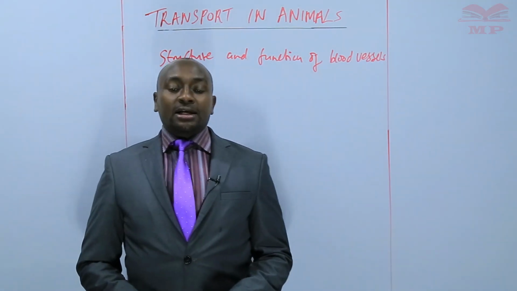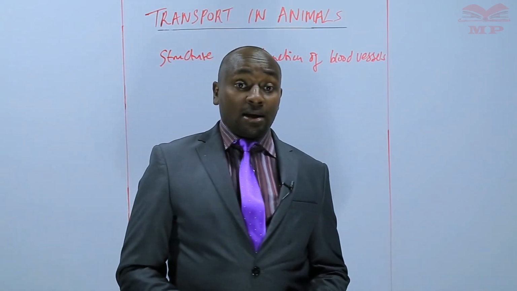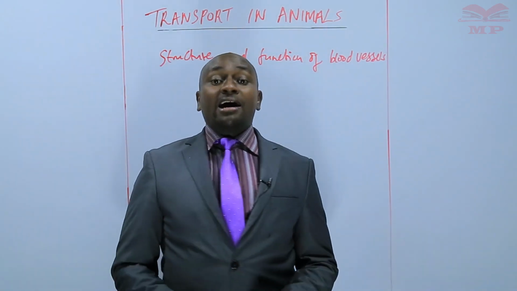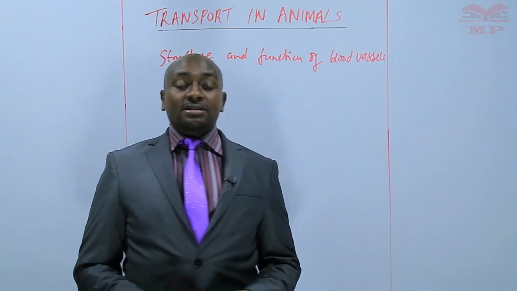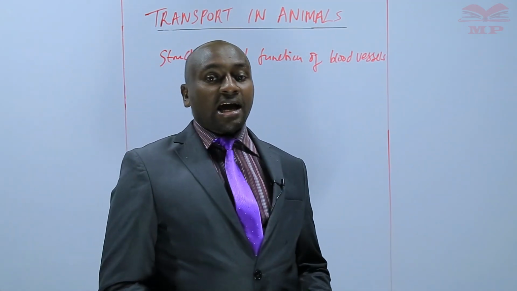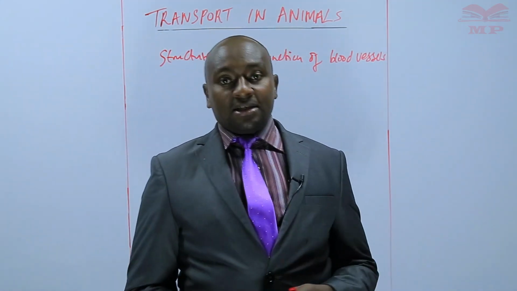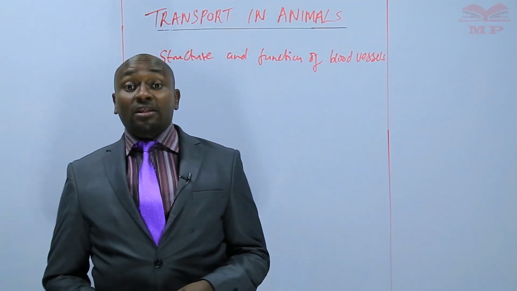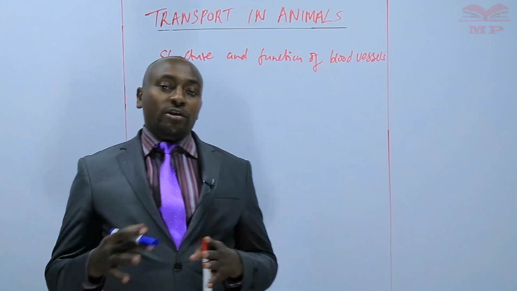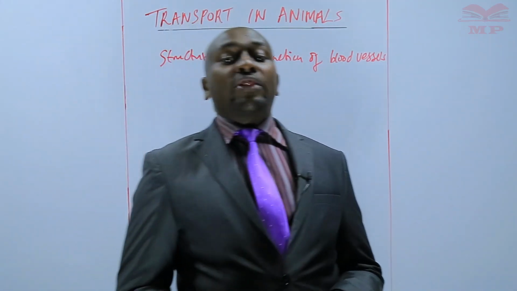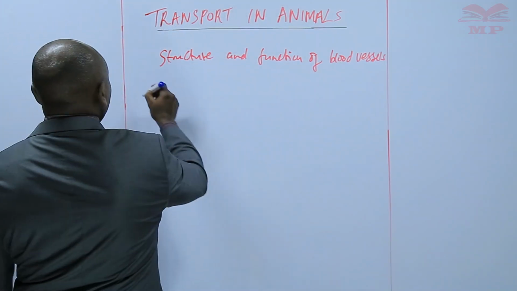So we are going to look at the structure of each and the reason why those blood vessels have those characteristics. The fact that, for example, the arteries have thick walls has a significance in itself in terms of the function. So basically, we shall discuss each one of the blood vessels and see how they are modified to perform their functions.